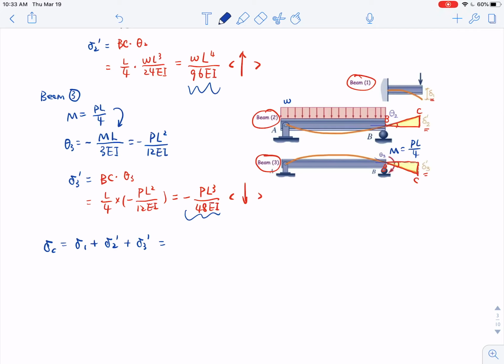So we'll have negative PL cube over 192 EI, plus WL to the 4th over 96 EI, minus PL cube over 48 EI.